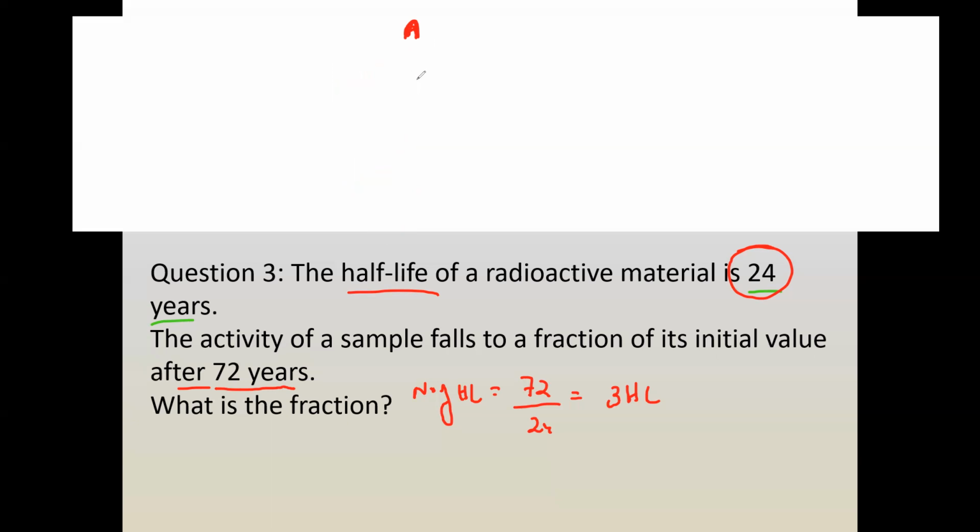Originally it is A. After 24 years, the amount of sample which will be active will be A by 2, because half-life is the time taken by half of the radioactive sample to disintegrate or decay.